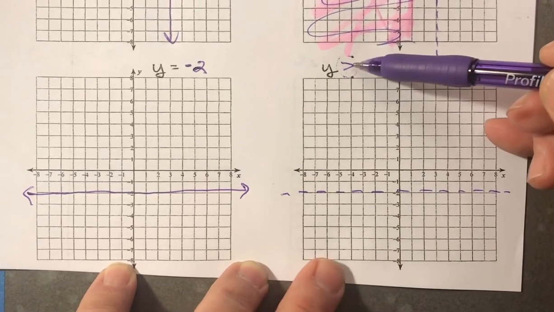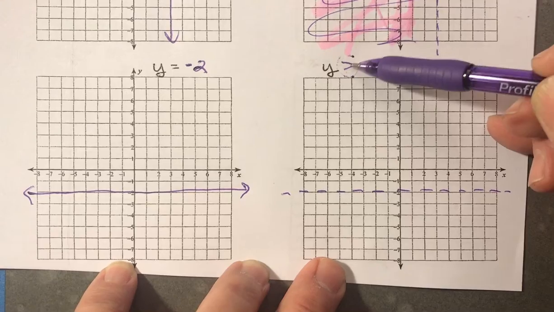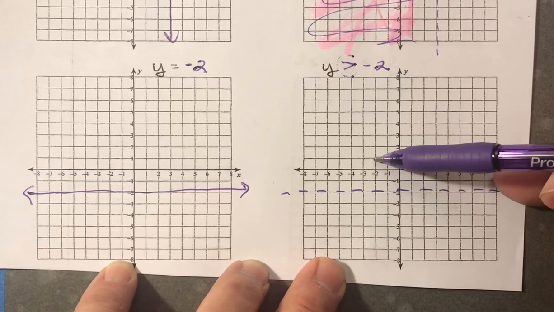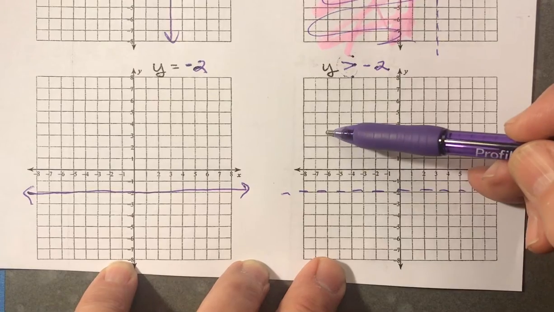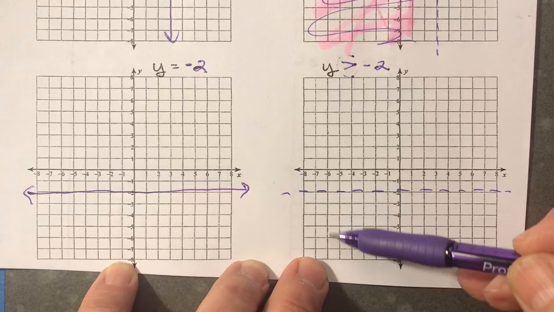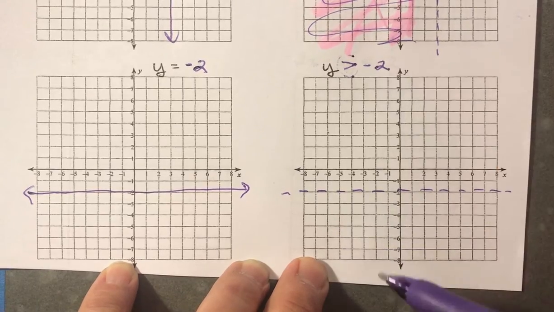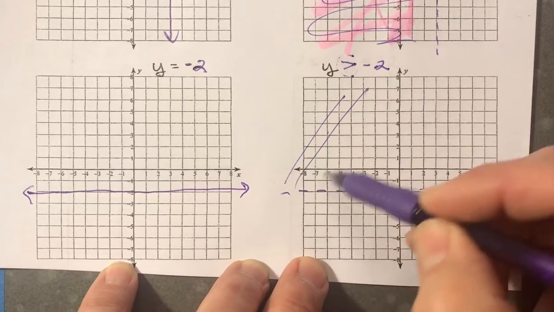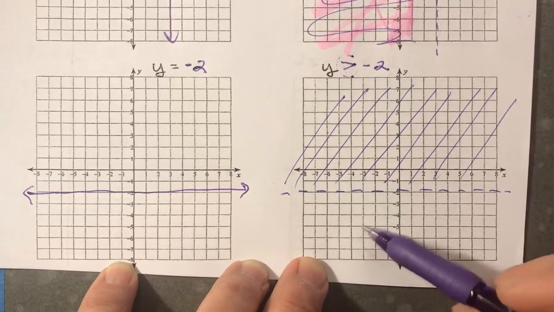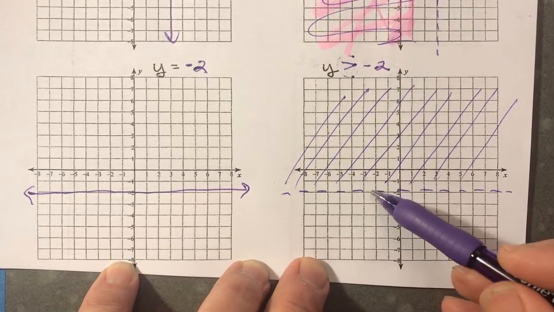And then we want all y values to be greater than negative 2, like negative 1, 0, 1, 2, 3, 4, but nothing where y is less than negative 2. So it's going to be everything above, and I had said that can't be less than negative 2.